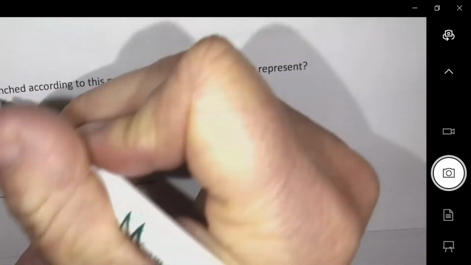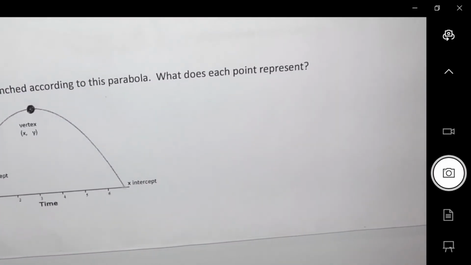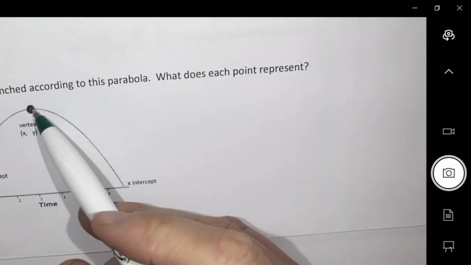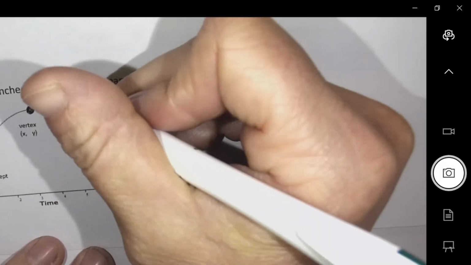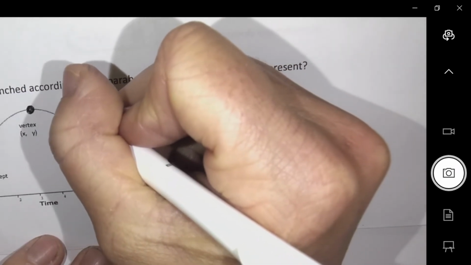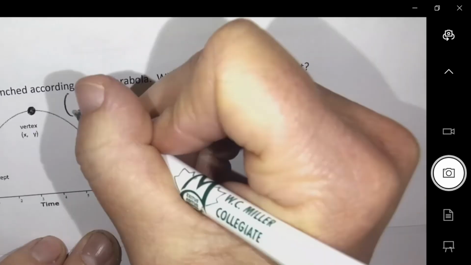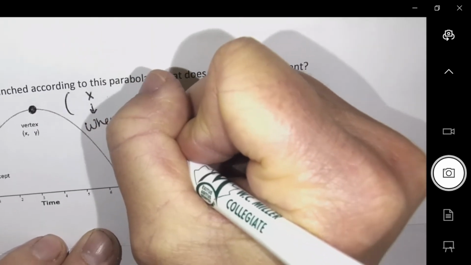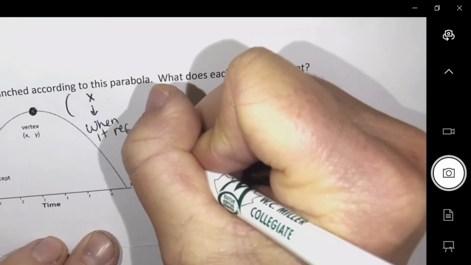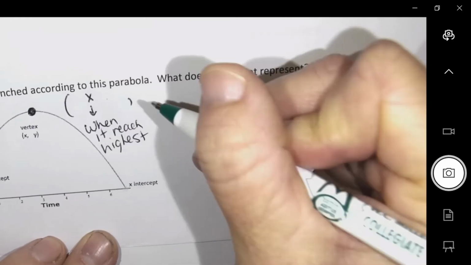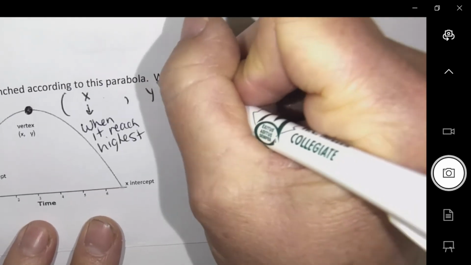The next most important point is the vertex. So what is the vertex telling me? We're getting to the highest point. So the x is telling me when it reached highest. Does that make sense?